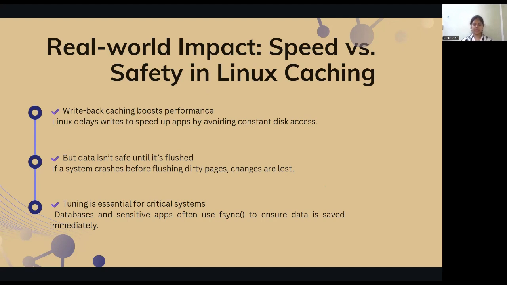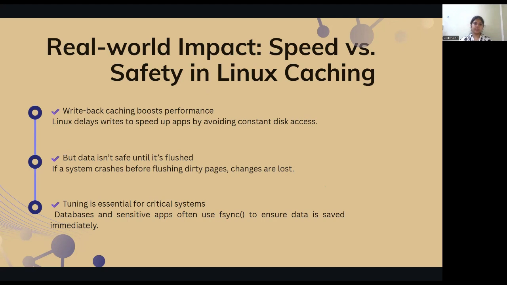That's why critical applications like databases use a special function called fsync to immediately save the important changes. So we must tune it depending on whether speed or safety is more important. It's just like editing a Word file. If you don't hit save and the power goes out, you will lose everything. That's why data pages are called the unsaved changes in memory.